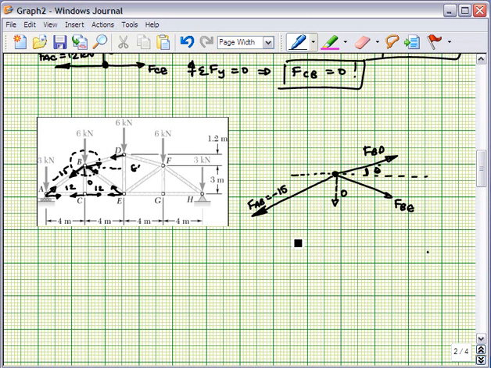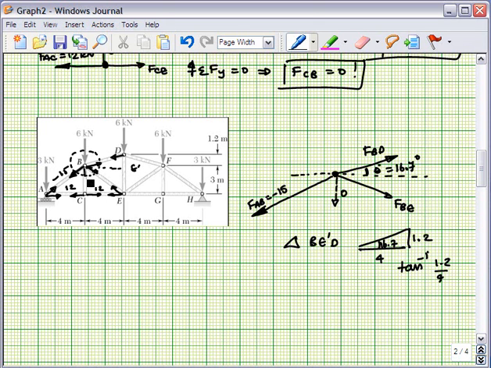So from the triangle BE prime D looks like this, 4, 1.2. So the angle between those things is 16.7. So this angle is 16.7 degrees. That's tan inverse 1.2 over 4.